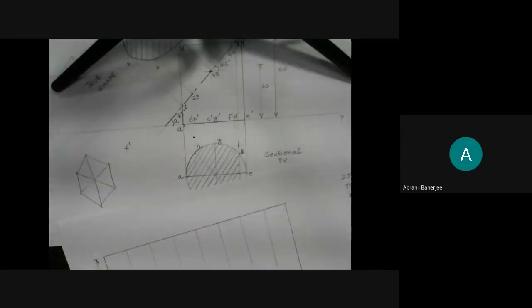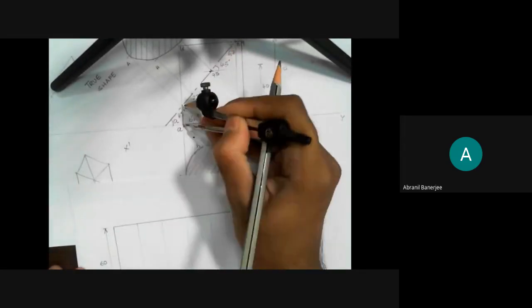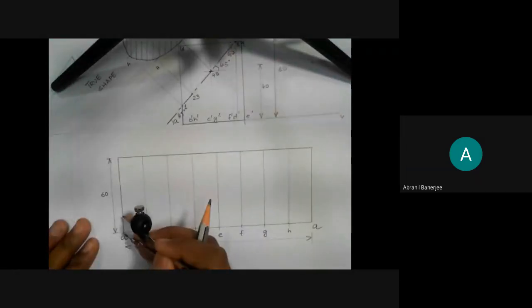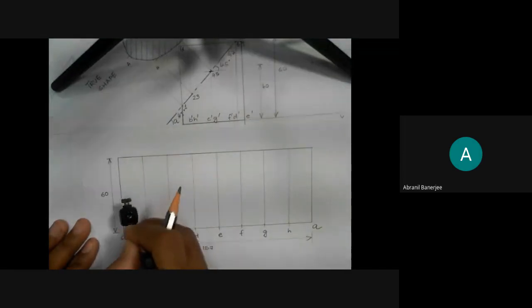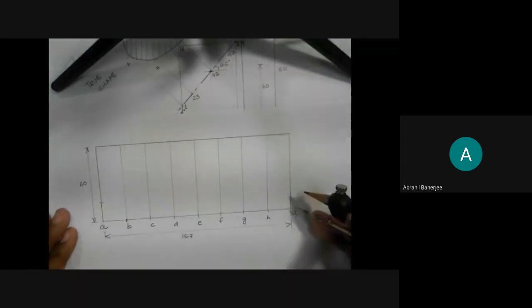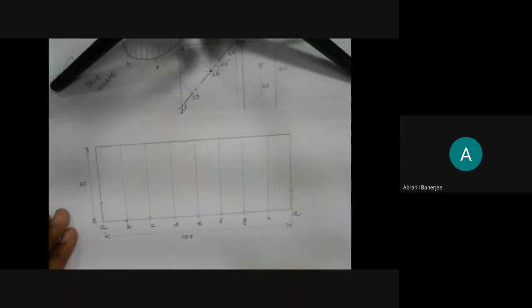So from point A dash, what is the distance of 1? This is 1. I have taken the distance with the compass and marked it. Similarly, this A is also the same. I have marked it here and I will name it as 1.